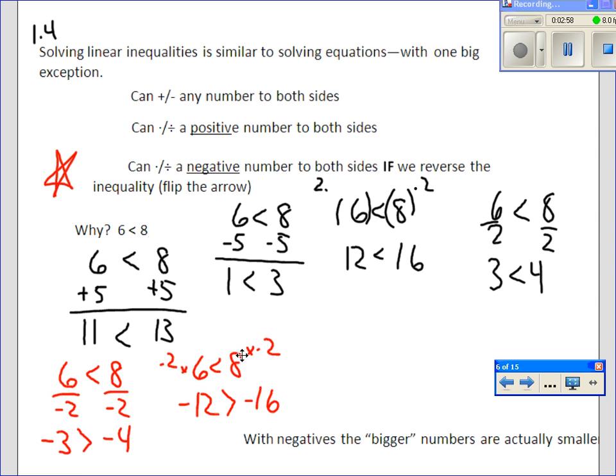And if we multiply both sides by -2, we get -12 and -16. Again, -12 is larger than -16. So to keep things true, we have to reverse the inequality, point the arrow in the opposite direction if we either multiply or divide both sides by a negative number. So it's kind of something to keep in the back of your mind. With negatives, the bigger numbers are actually smaller numbers. -100 is much smaller than -1.